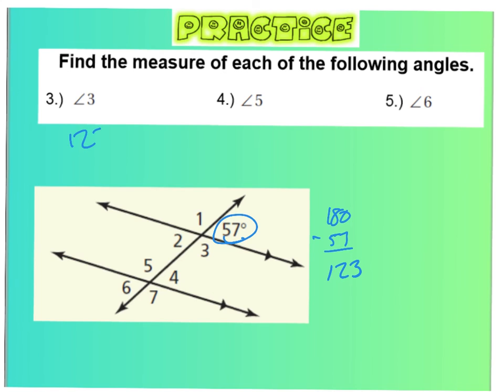So angle 3 is 123. Angle 5 is an alternate interior angle, so that's also going to be 123 degrees. And 6 is alternate exterior to 57, so that's going to be 57 degrees.